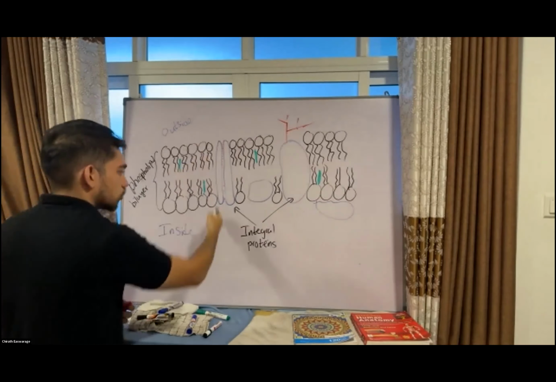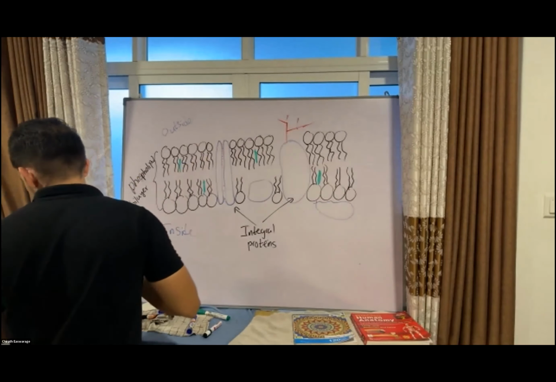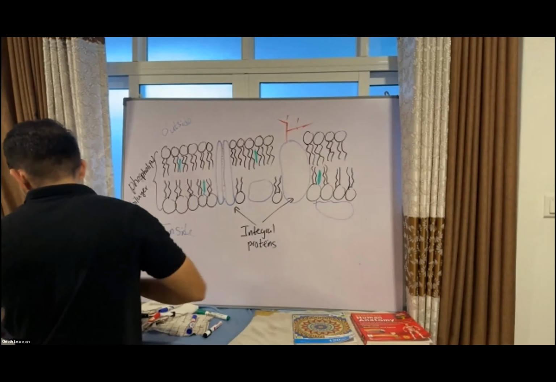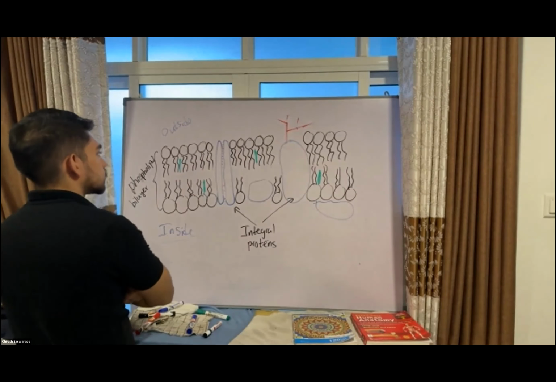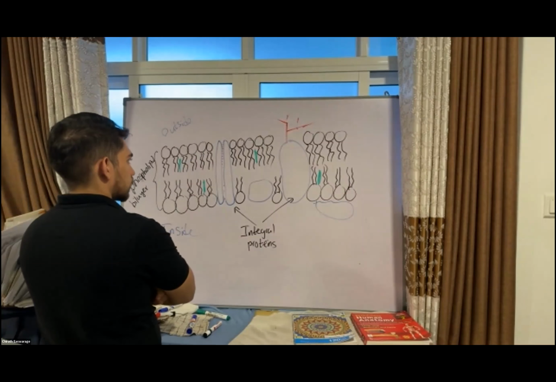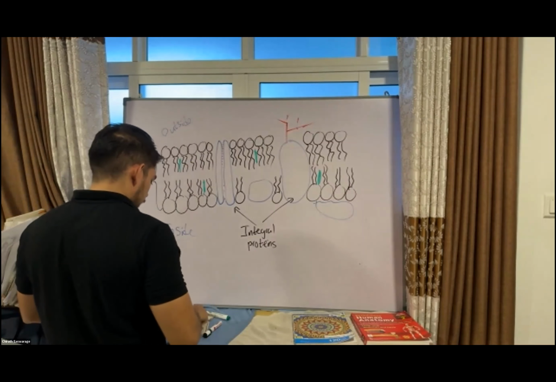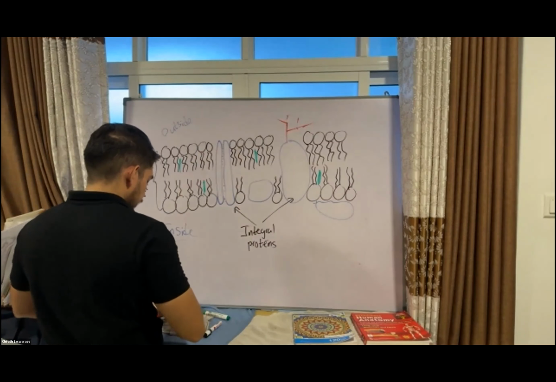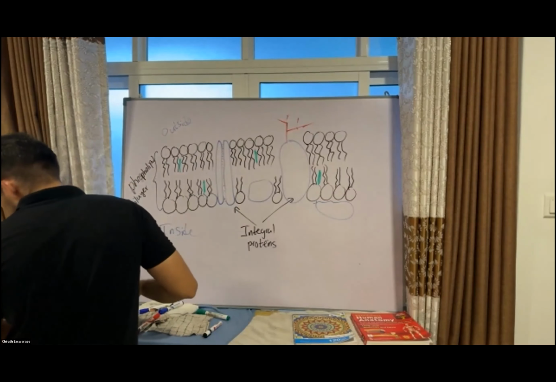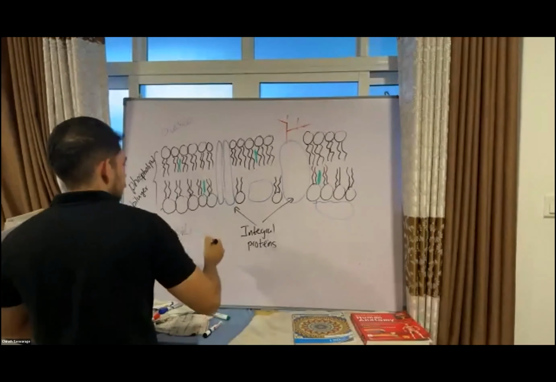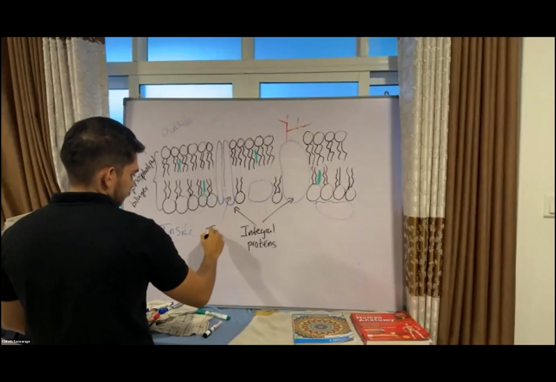So things can come through this protein into the cell, right? So it is what we call a transmembrane protein. This one is a transmembrane protein.